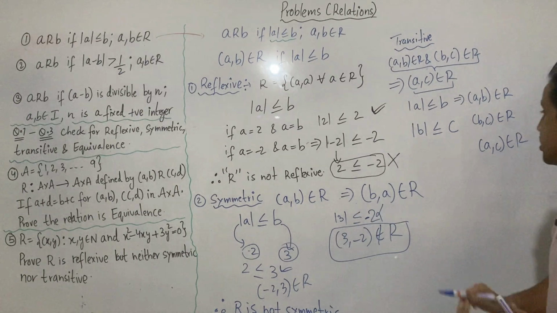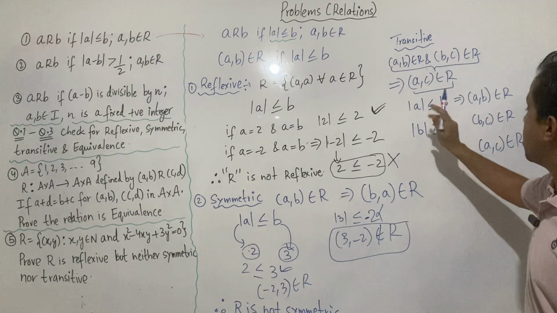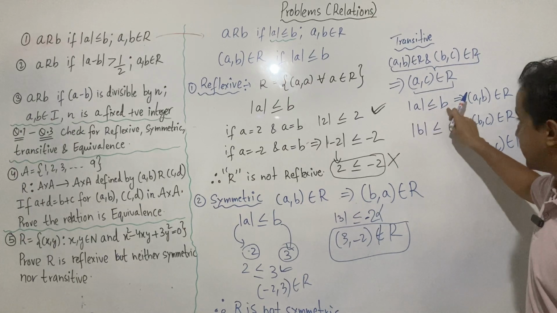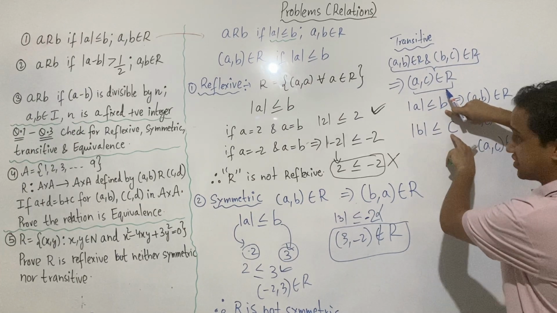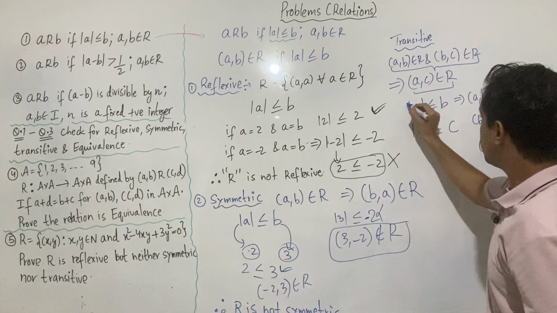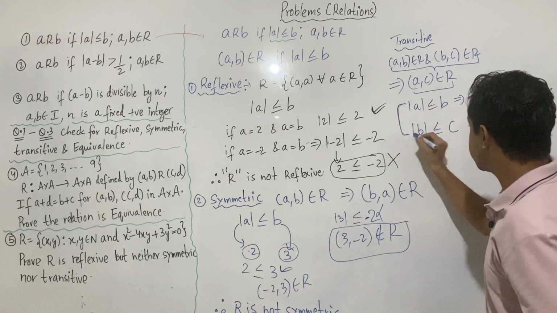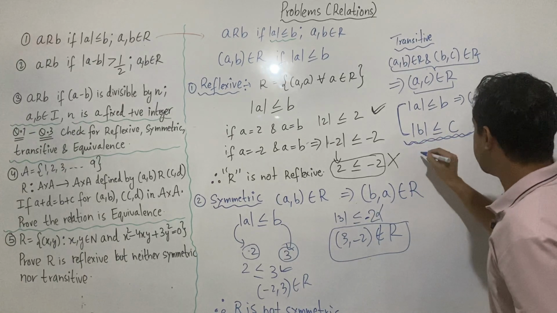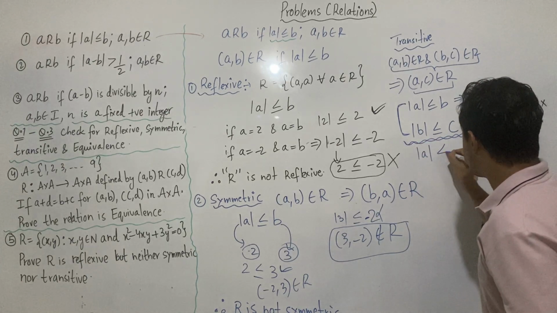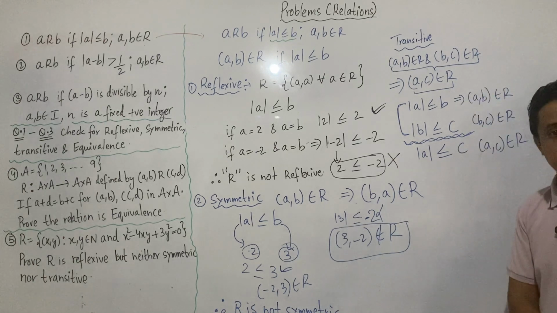Why am I saying this? Here you can see that mod of A is less than or equal to B, right? And mod of B is less than or equal to C. So if you look at both these things, they clearly tell me that mod of A will be less than or equal to C. Why?